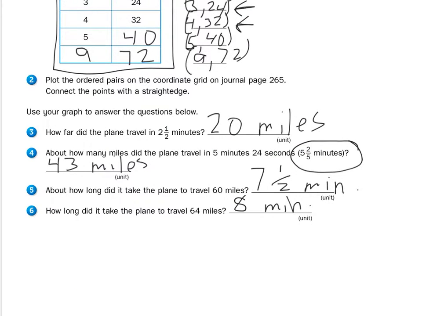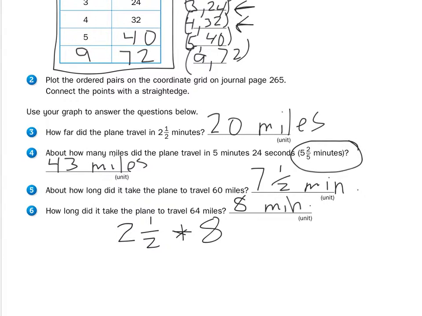If you think about all these numbers, and we thought about our rule of multiplying by 8, we could also do this with simple multiplication. So if I look at number 3, I have 2.5 minutes, and I'm going to multiply that by 8. Think about what we learned earlier in this unit. I'm going to take this fraction of 2.5 and make it into an improper fraction.